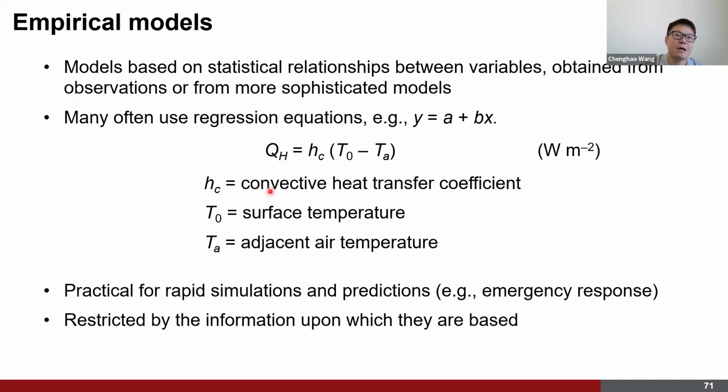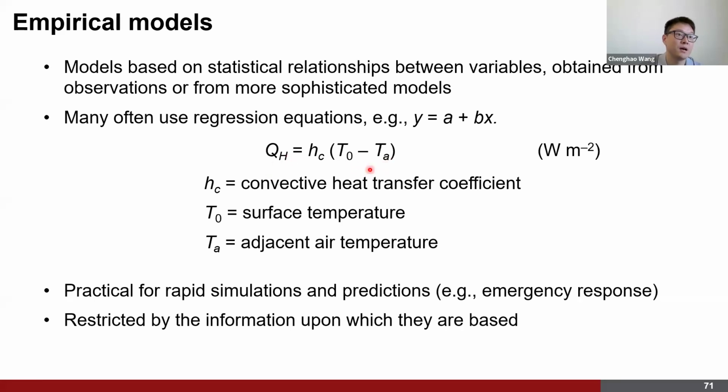Okay, the last type of models I want to introduce is the so-called empirical models, or sometimes called practical models, which are fairly easy. It's basically a statistical relationship between some variables. For example, the one I'm showing here is a regression model we built between the sensible heat flux and the surface and adjacent air temperature difference.